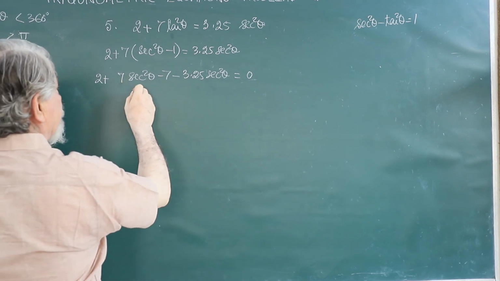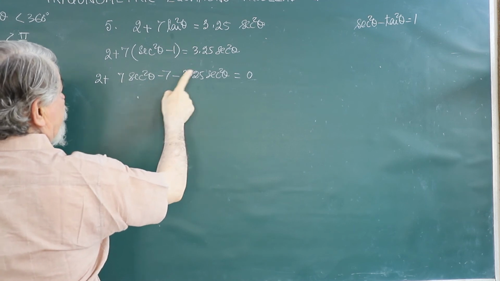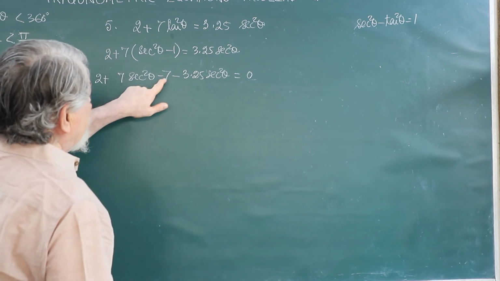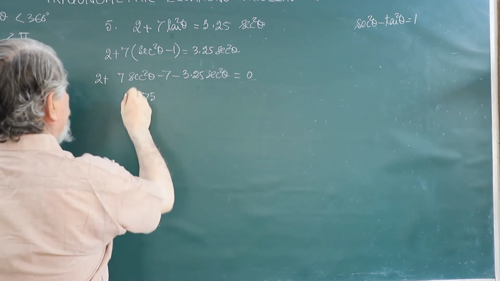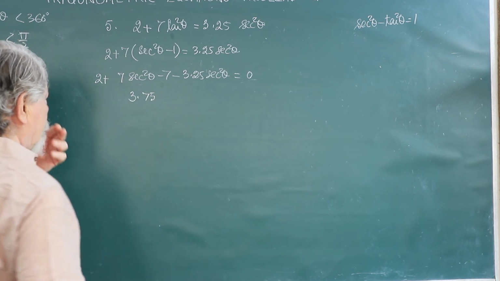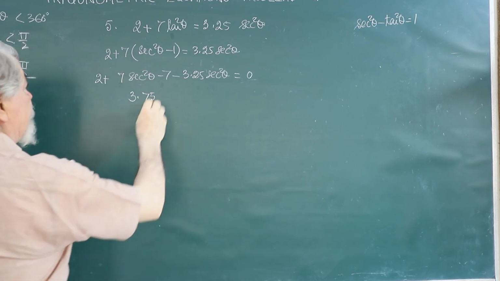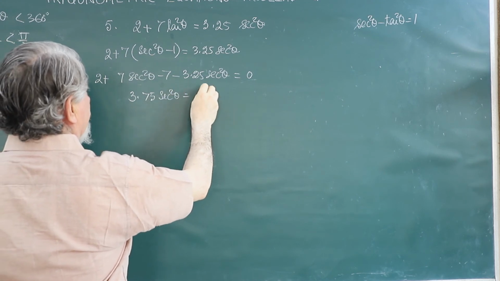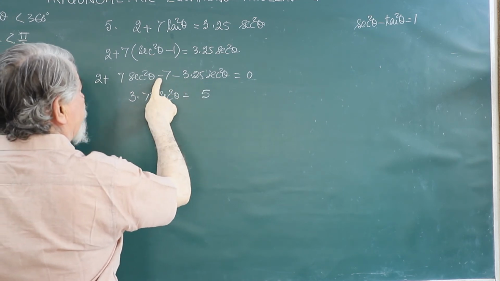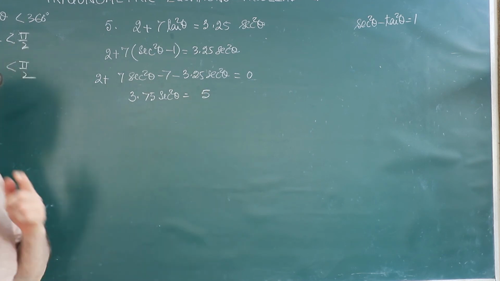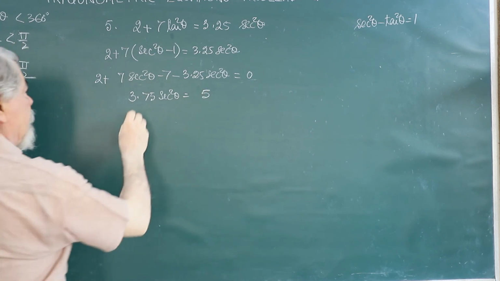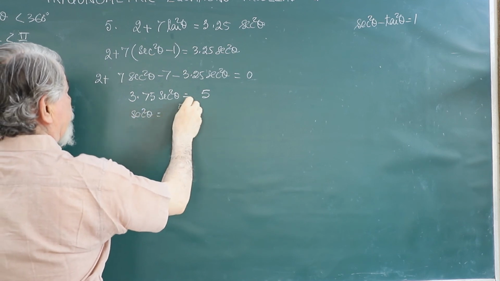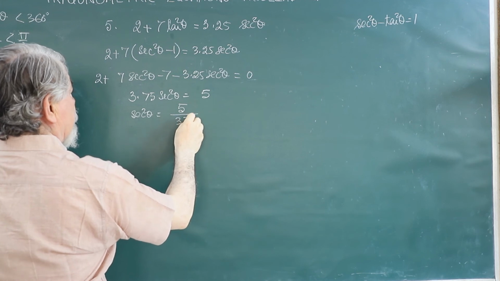It will become how much? 7 minus 3.25 is 3.75. So 3.75 sec square theta will be equal to 5. 2 minus 7 will be minus 5, it will be transferred to the other side, it will become plus 5. Or sec square theta will become 5 upon 3.75.